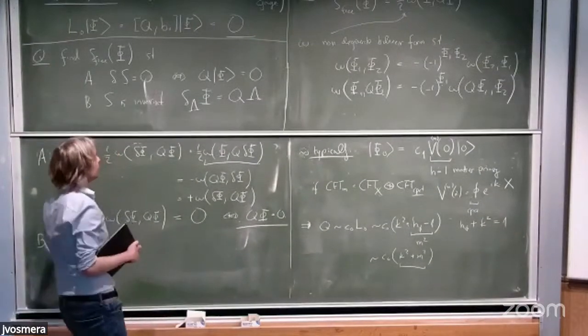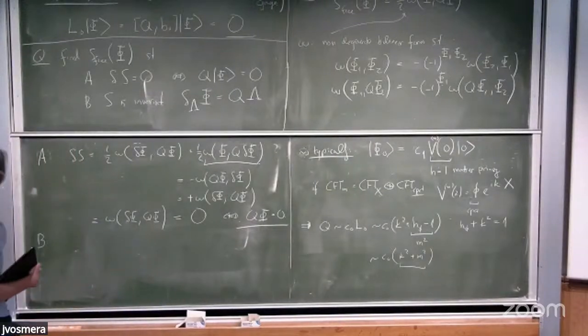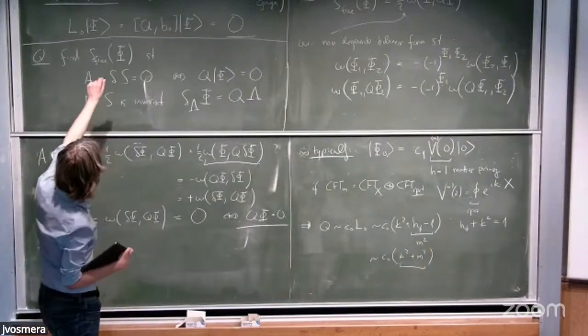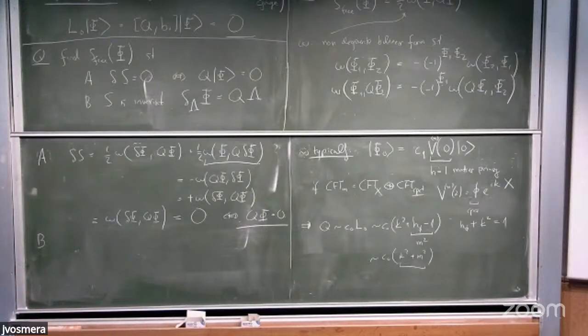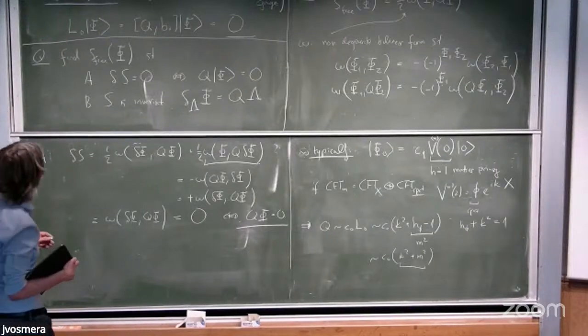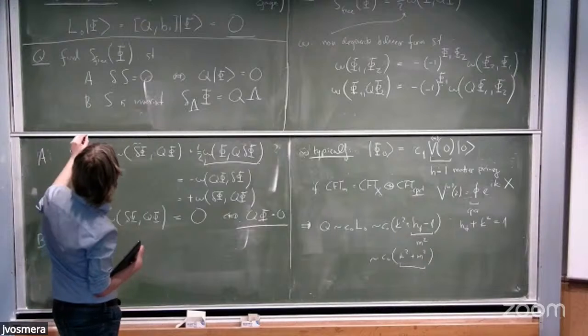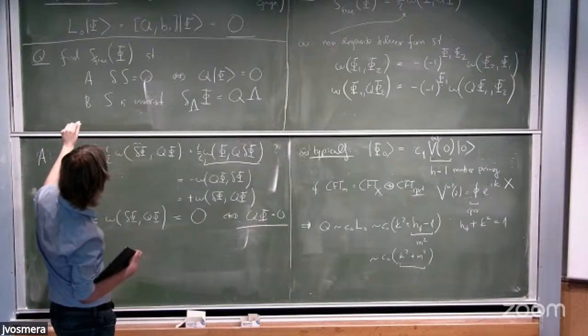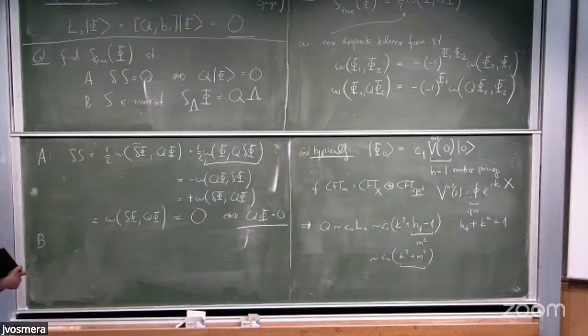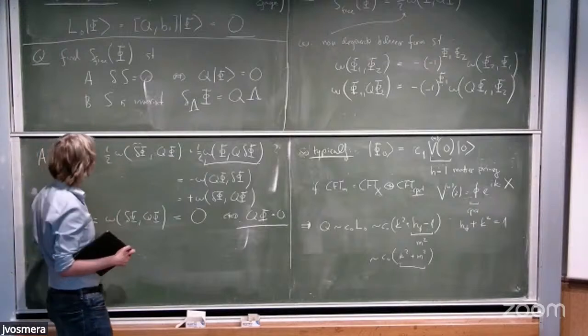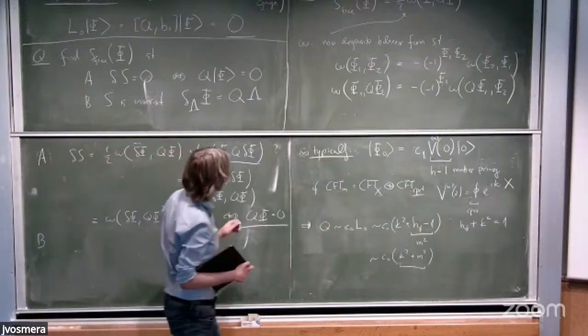At this point, we are just trying to build an action which reproduces the on-shell condition as an equation of motion, and we know that on-shell the degree of that state which enters the on-shell condition should be +2. So in order to mimic that, I should have written this here.